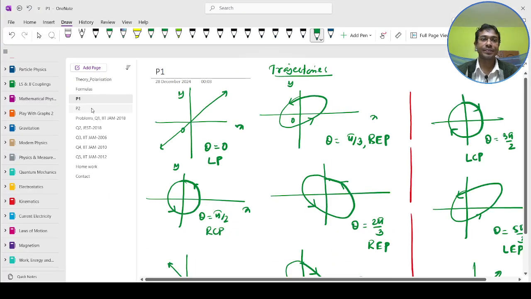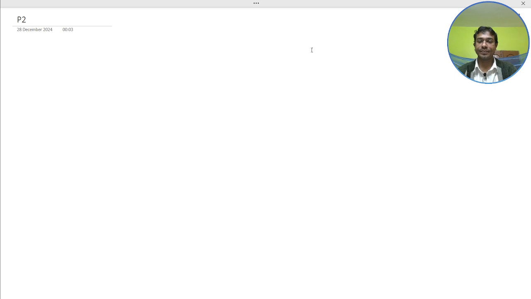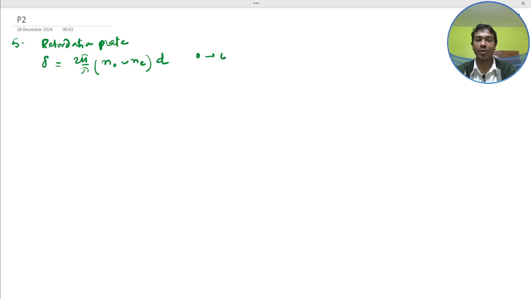Next, go ahead, the retardation plate. For the retardation plate, the delta is 2 pi by lambda, n naught minus n e into d, this is basically (n_o - n_e) into d, where O means the O ray and E means the E ray.